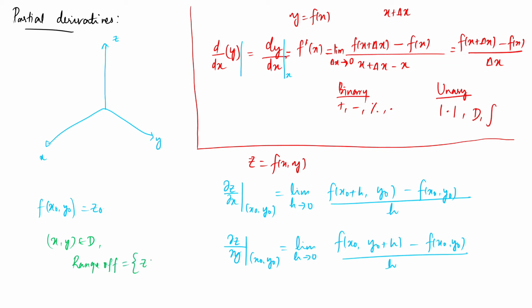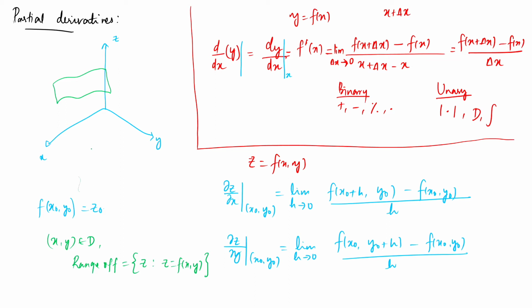It is the collection of points z such that this z is f of x y. So when you plot this as a graph, you will have a surface something like this. You will have a surface.